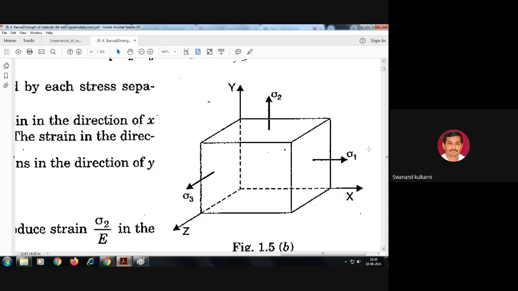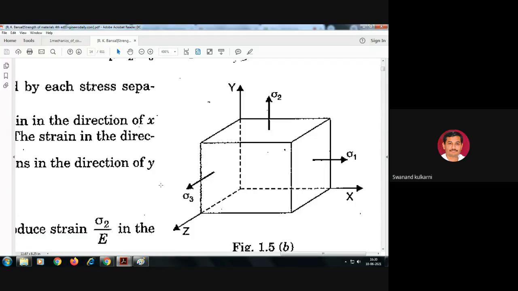As these three stresses are present, definitely forces have been applied in all these three directions, because in each case we always consider that stress is equal to force upon area. As stress is present, definitely force is present. Sigma 1, sigma 2 and sigma 3 are three stresses.